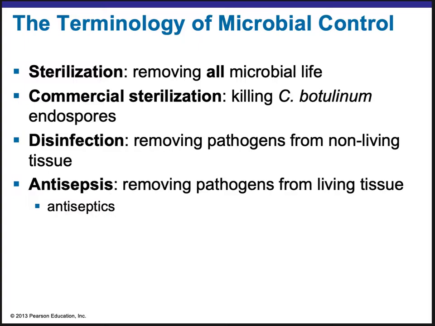And this is really difficult to do because it means you have to be able to kill endospores. And remember that endospores are incredibly resistant. You could boil them for like 20 hours before you would start to kill them. And no one's going to boil something for 20 hours, right? So that's why we use a special instrument, right?